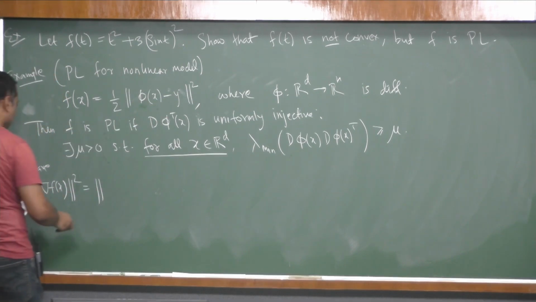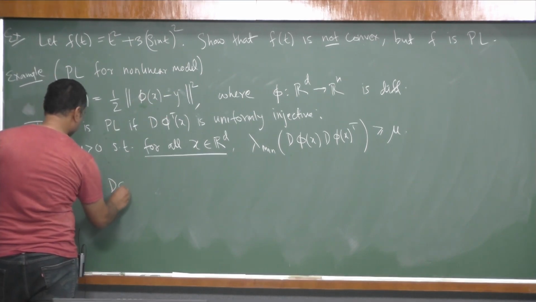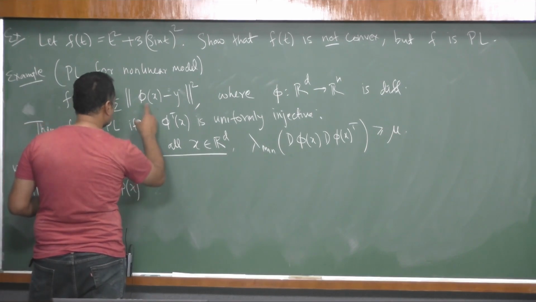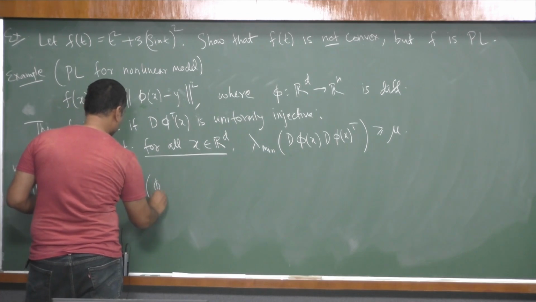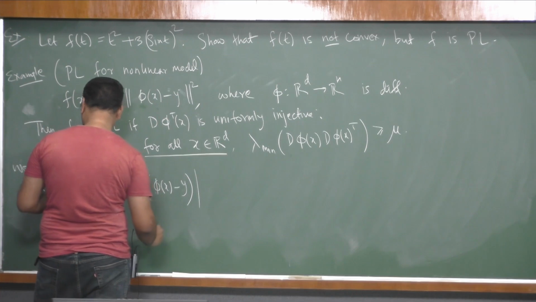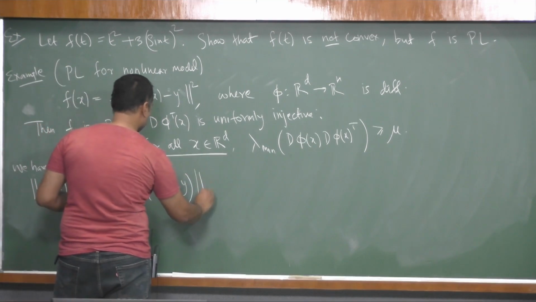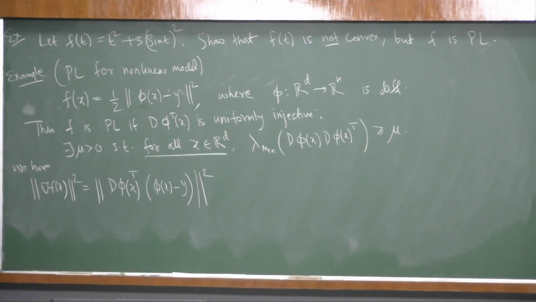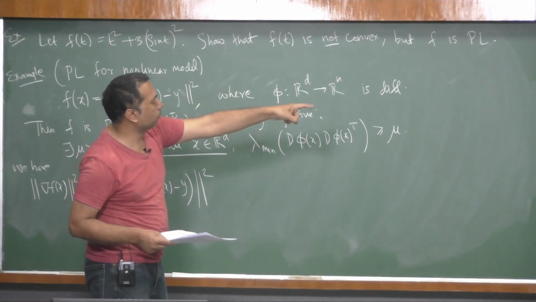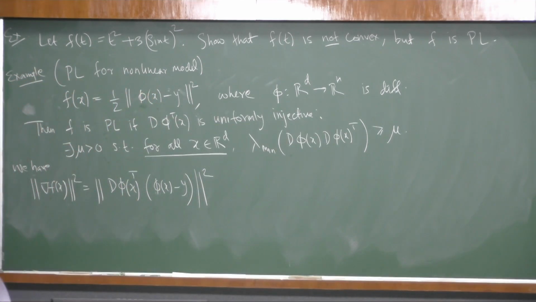If we write that, then this is d phi transpose and then phi x minus y. And this is squared. So this is grad f x, we put that, and we are somehow supposed to use that lambda min is greater than or equal to mu, and all this should lead me to greater than or equal to f(x) minus infimum.